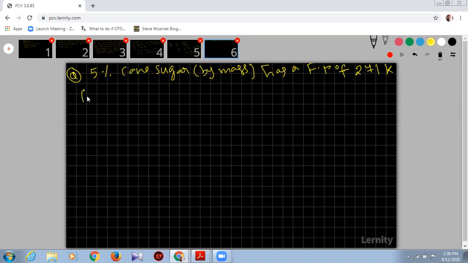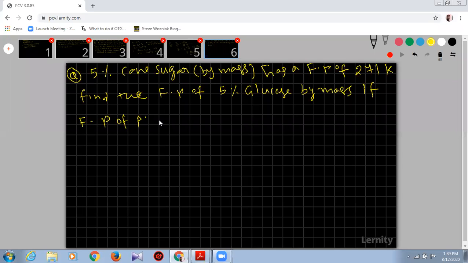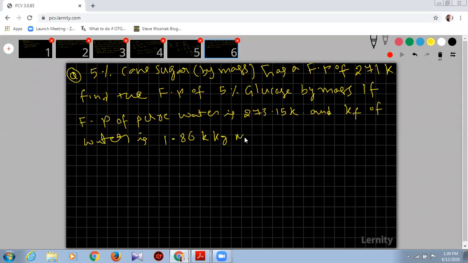Okay. Find the freezing point of 5% glucose by mass, if the freezing point of pure water is 273.15 Kelvin, and the Kf of the solvent, that is water, is 1.86 Kelvin kg per mole.